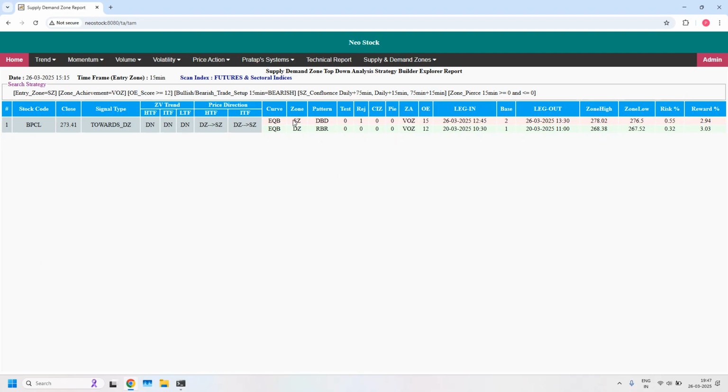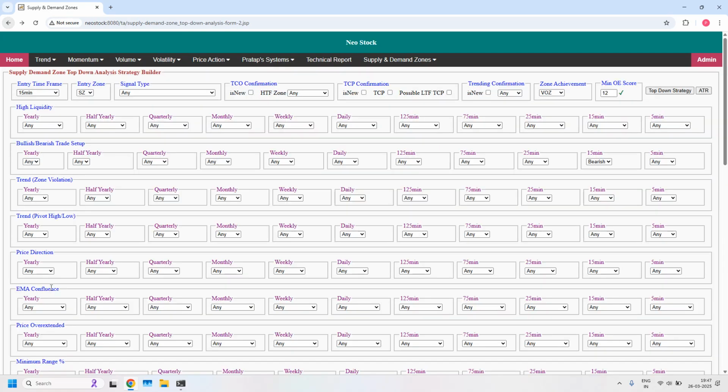In this stock, the 15 minute supply zone overlapped with the 75 minute supply zone. Both together again overlapped with the daily supply zone, and the daily trend is down. So if this daily supply zone has daily EMA confluence, then this 15 minute supply zone might have even higher probability of success. Let's verify.